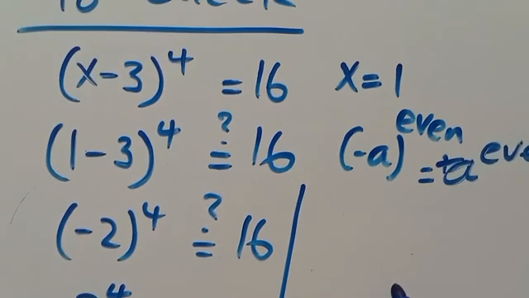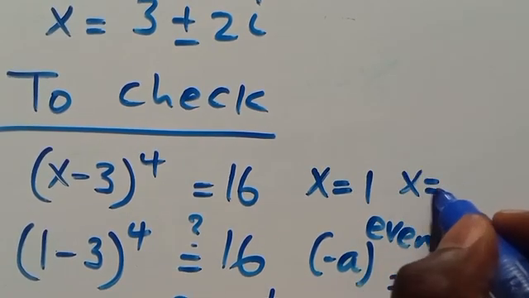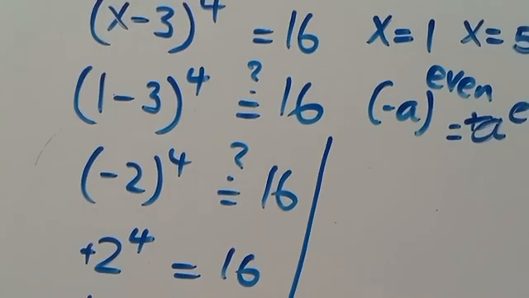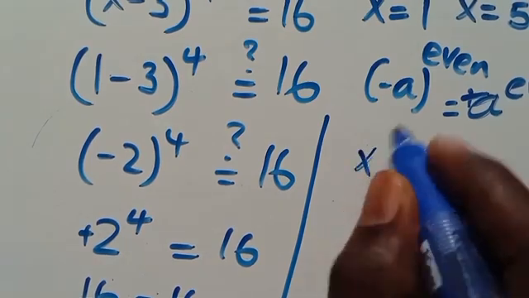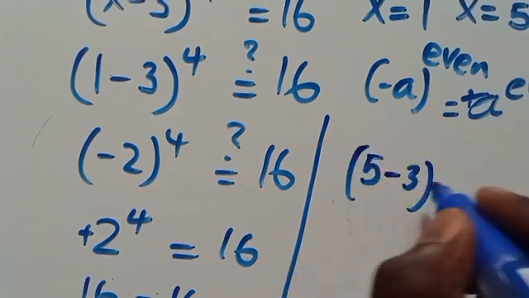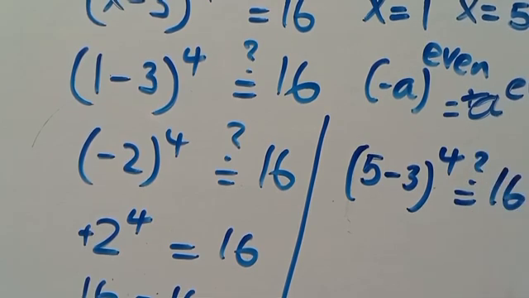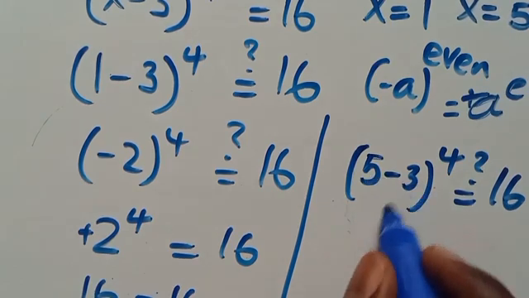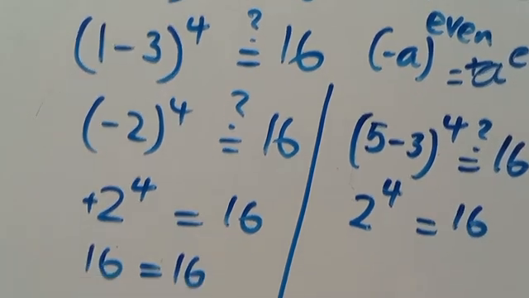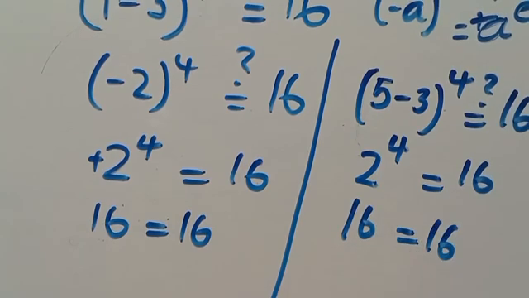Now, when x also equals 5, let's check again. We are going to have from here 5 minus 3 to the power of 4, then it's going to be equals 16. 5 minus 3 will give us 2 to the power of 4, which equals 16. So from here we have 16 equals 16.